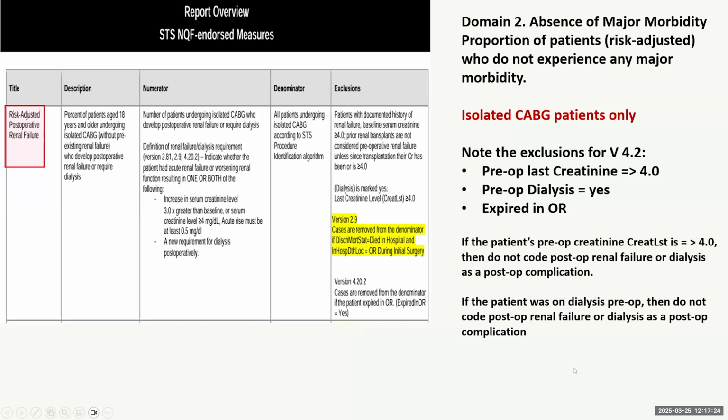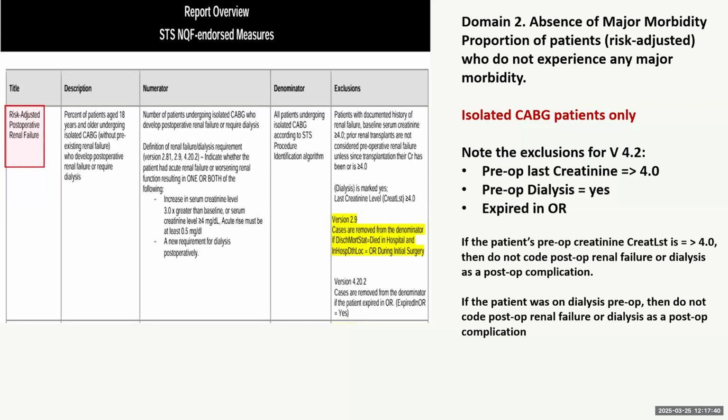Lately, I've been getting a lot of questions about patients that have creatinines above 4 pre-op, and then they end up on dialysis post-op. But we have instructions in the training manual.